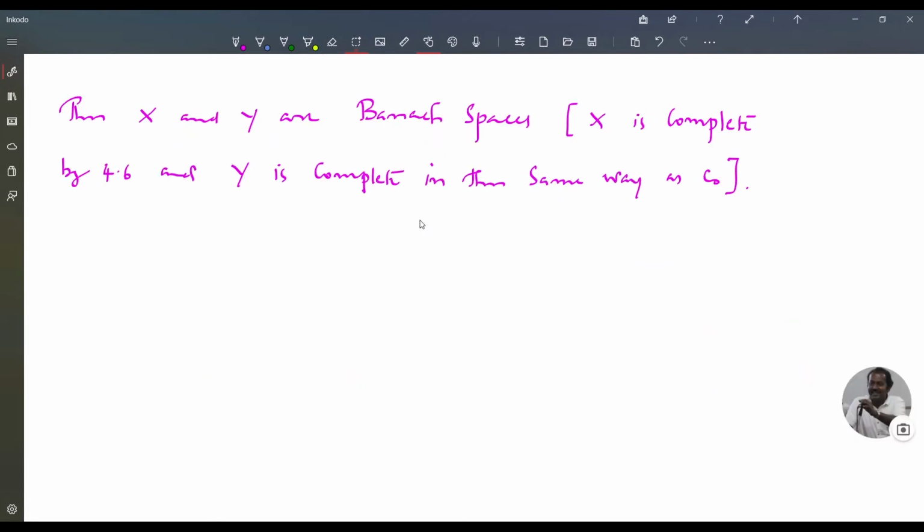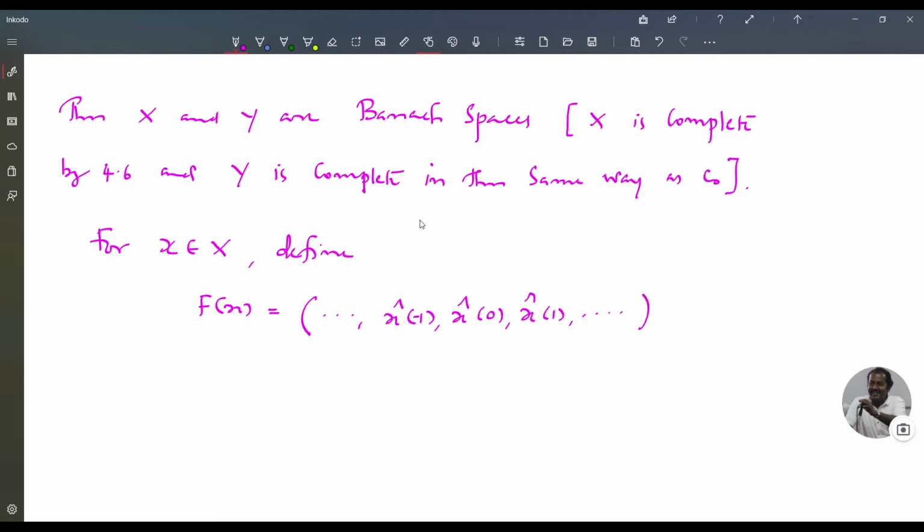Now for x in X, define f of x equal to x cap of minus 1, x cap of 0, x cap of 1, etc., extending to both sides, where x cap of n is the nth Fourier coefficient of x.